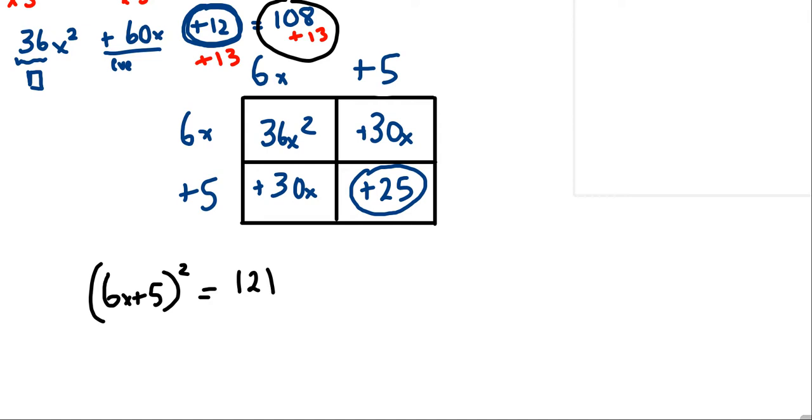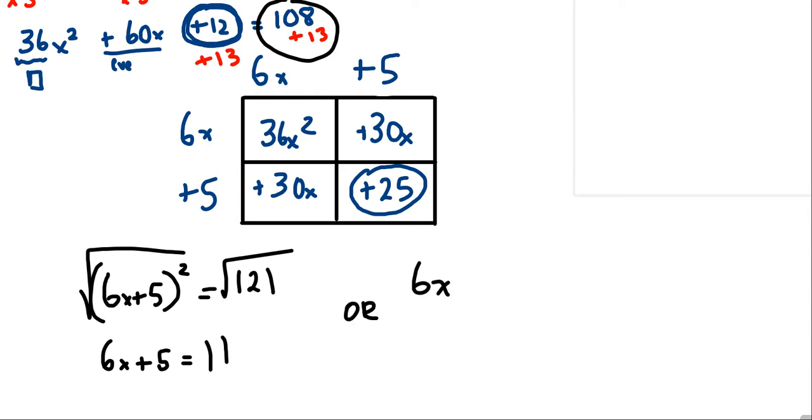121. Yay! I want to know why I say yay, because 6x plus 5 equals, wait a minute, I gotta square root that, 11, or 6x plus 5 equals the negative of 11, because that will multiply to get 121 as well.